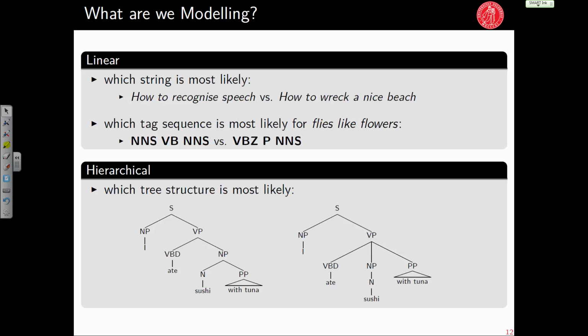Where do we attach the prepositional phrase? To sushi or to eat or ate?